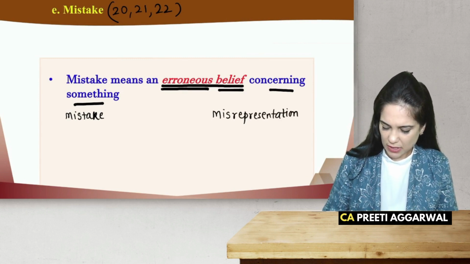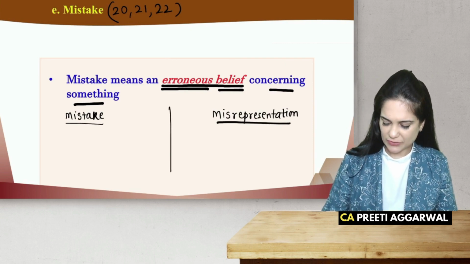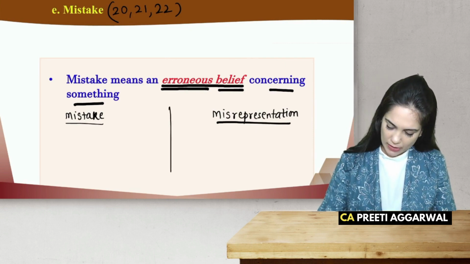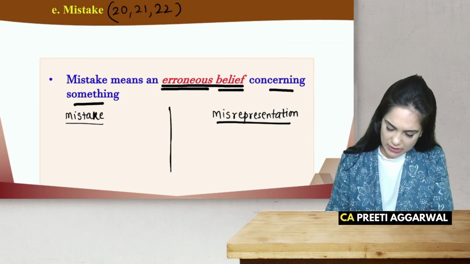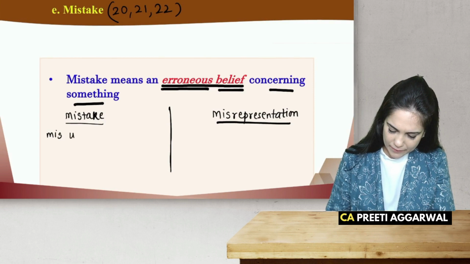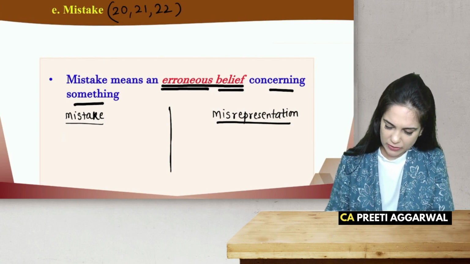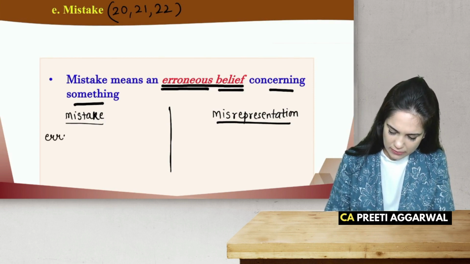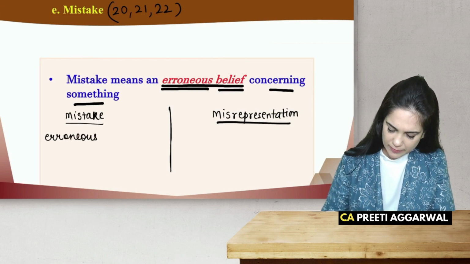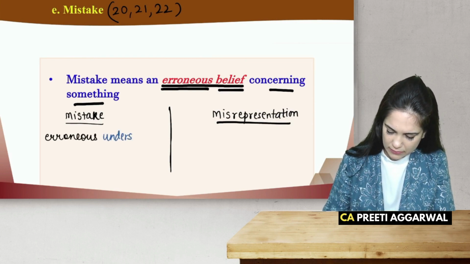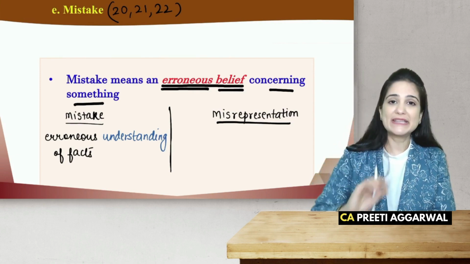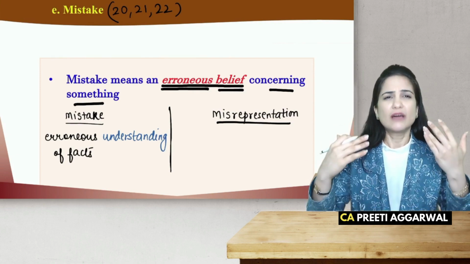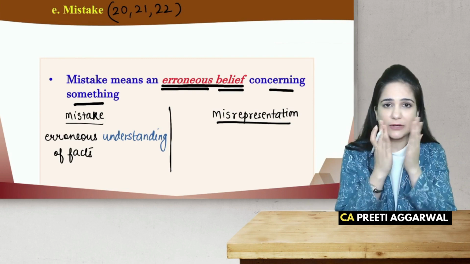In mistake, a party has an erroneous understanding of facts. It means parties are not saying anything, but you are understanding erroneous, wrong facts on your own. Parties are not saying anything.